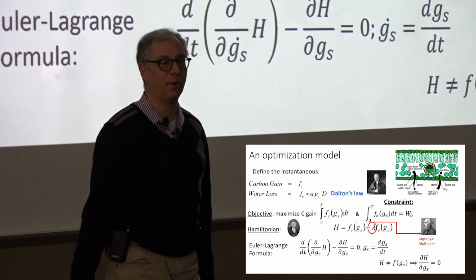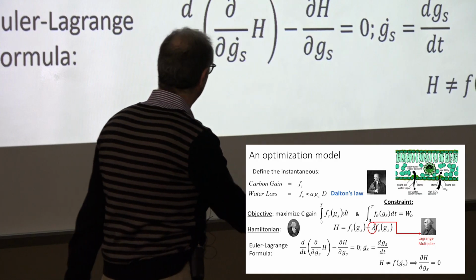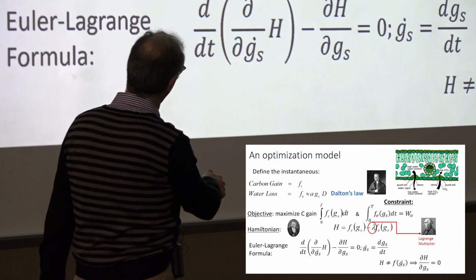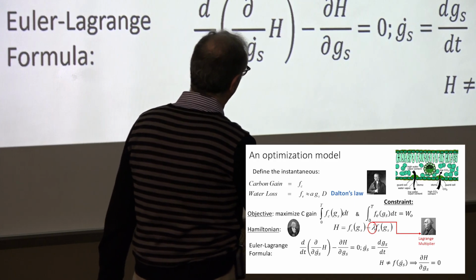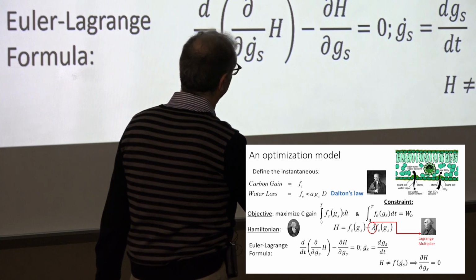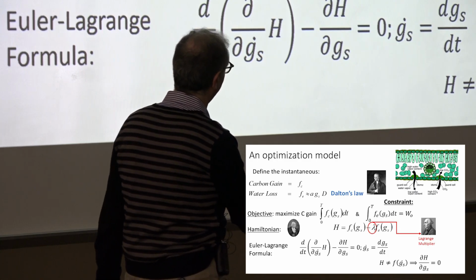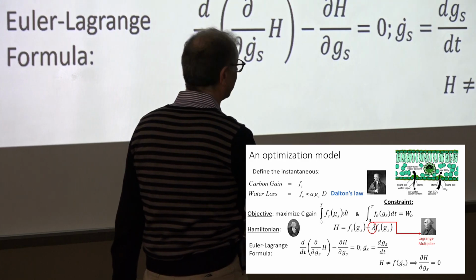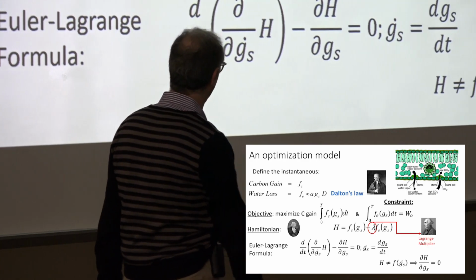How? Well, the Euler-Lagrange equations. We can define the Hamiltonian that defines the carbon gain and the water loss, and we impose these constraints through a Lagrange multiplier. That's converting, if you like, the water economy to the carbon economy of the plant through this Hamiltonian.